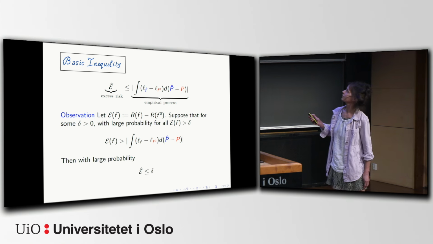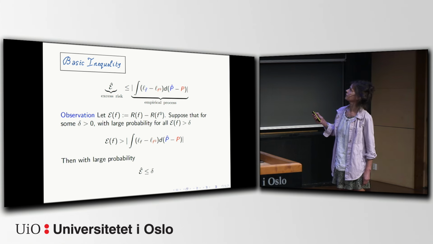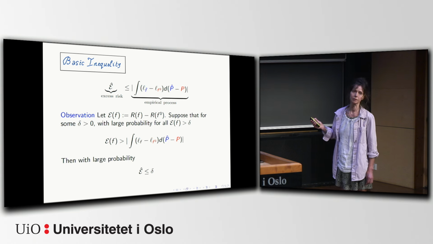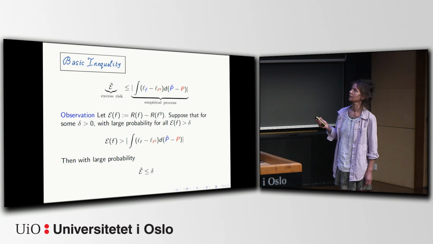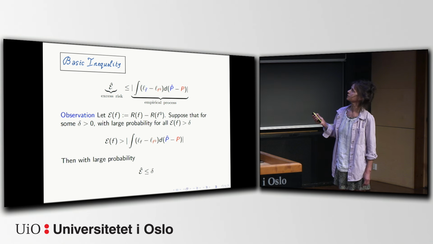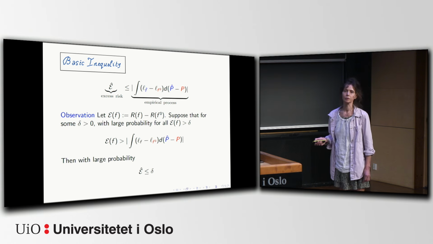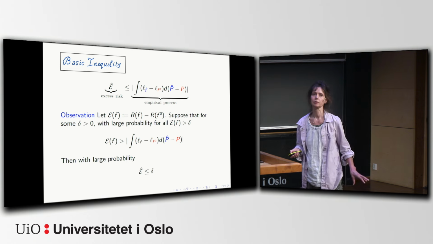And now if you have here an empirical measure and the true one, this is called the empirical process. It's not really a process, but because there is a random evaluation here, so it's a function of a random function, if you want to bound it, it may be helpful to bound it uniformly over a set.